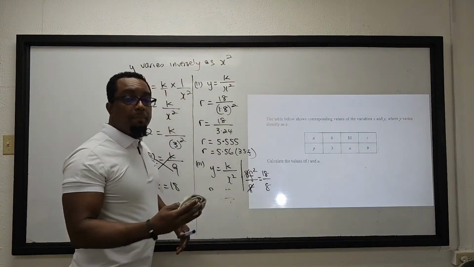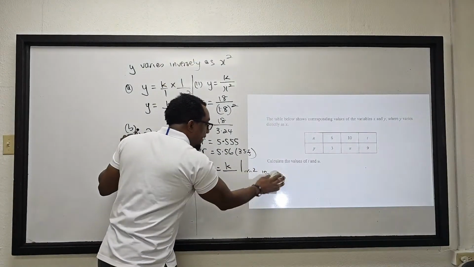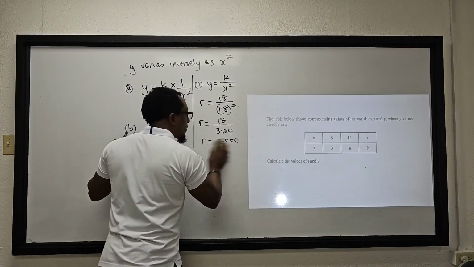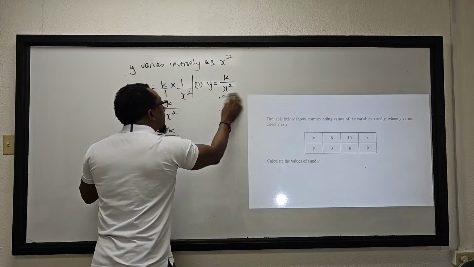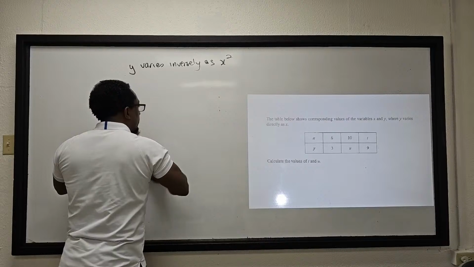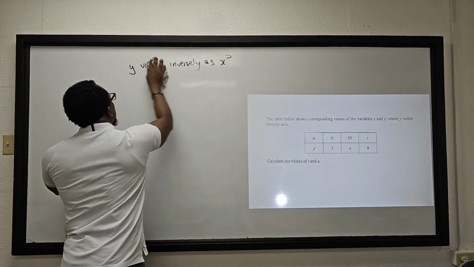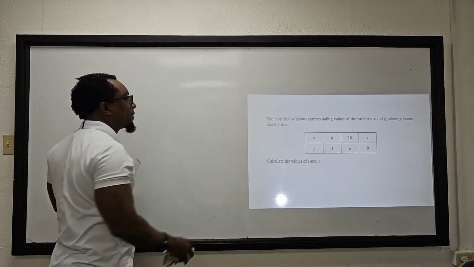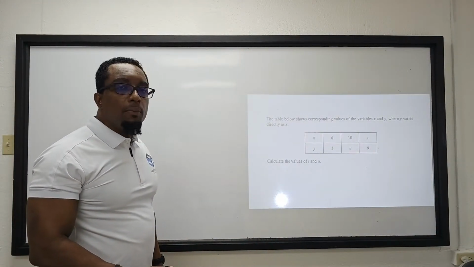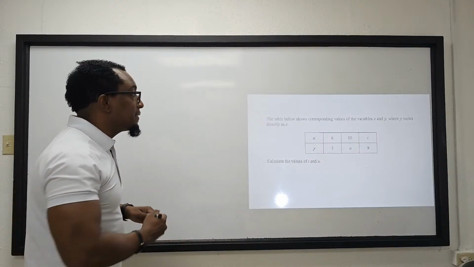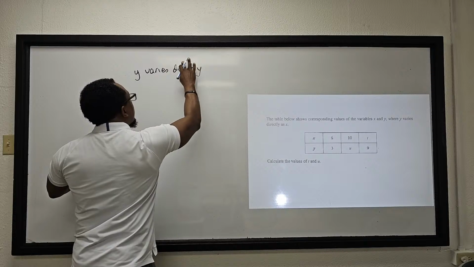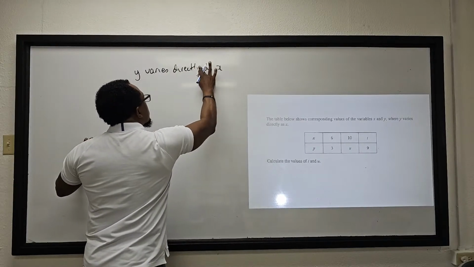So variation, let's get familiar with the topic variation. Direct and inverse variation. Now the table below shows corresponding values of the variables x and y, where y varies directly as x.